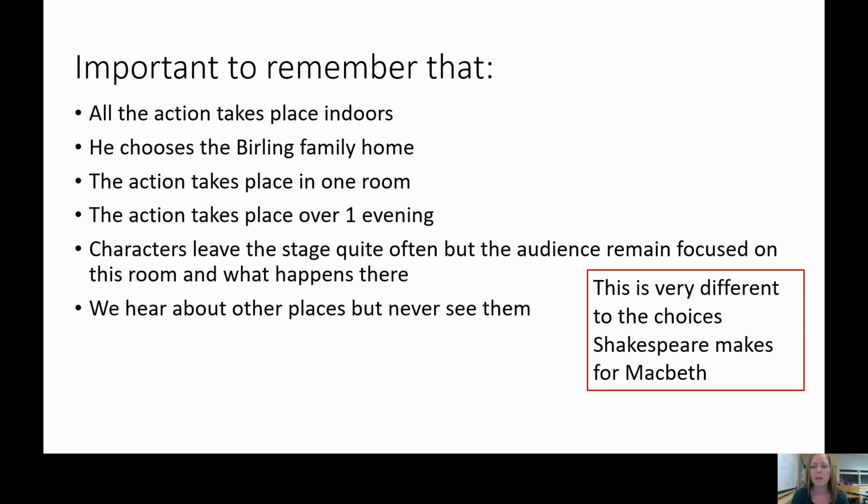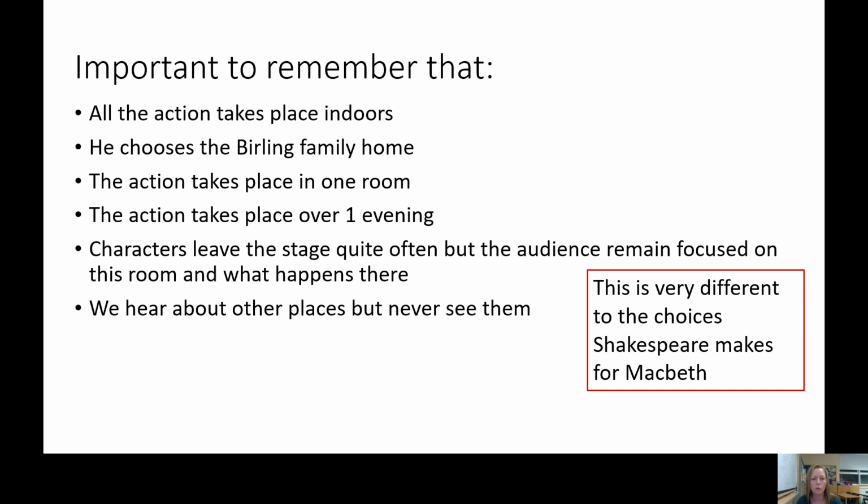I started this session by thinking about how An Inspector Calls is similar to Macbeth, because they're making choices about settings, about characters, about order of events, and so on. These choices that are on the screen at the moment are very different from the ones that Shakespeare is making with Macbeth, aren't they? If you think about the different settings that the play moves through, and the audience goes to those settings.